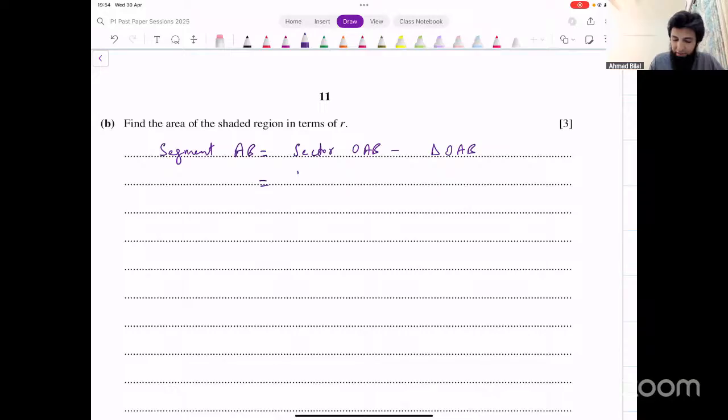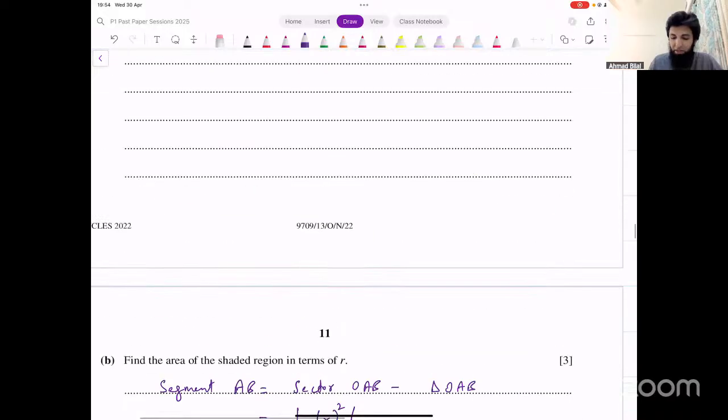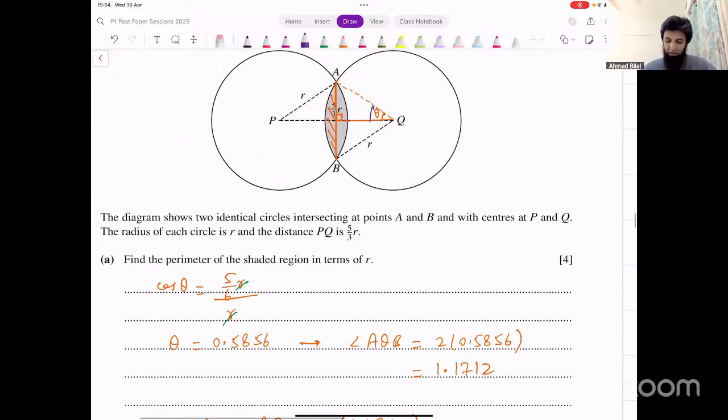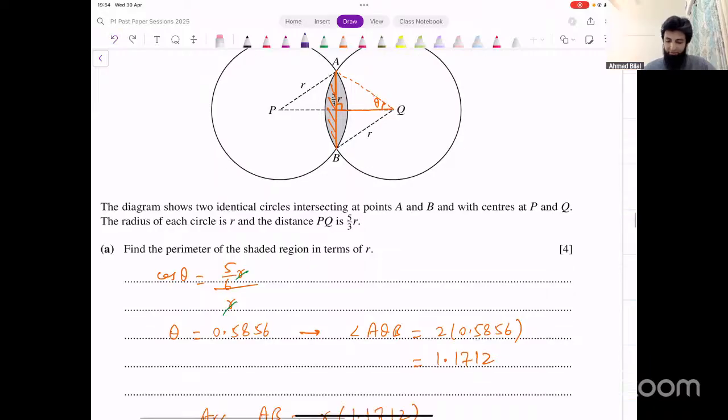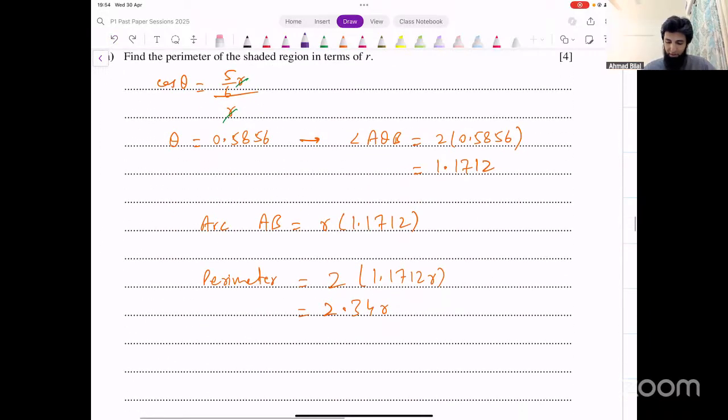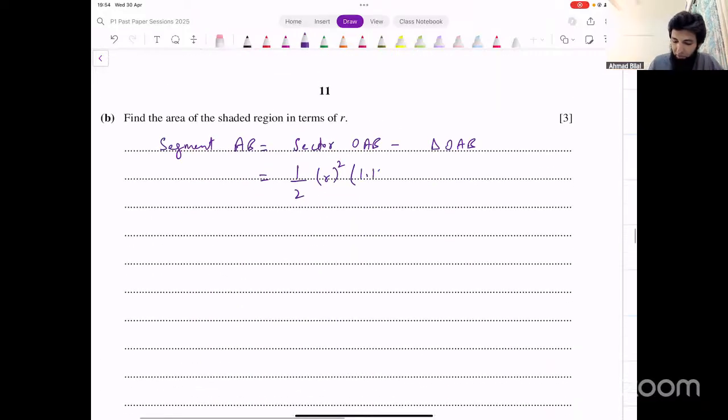Area of sector is given by half R squared theta. The complete angle we found to be 1.1712. Subtract from that the area of the triangle.